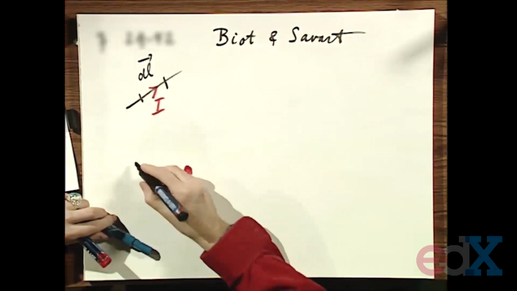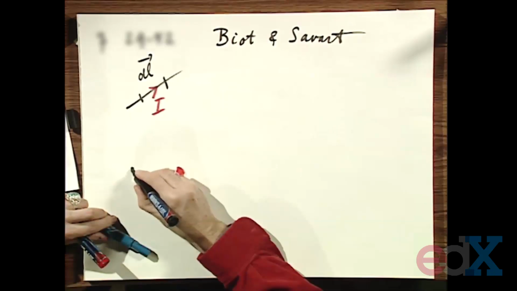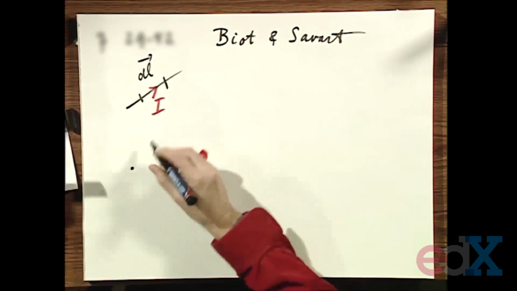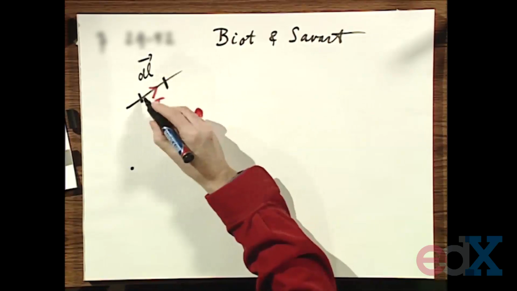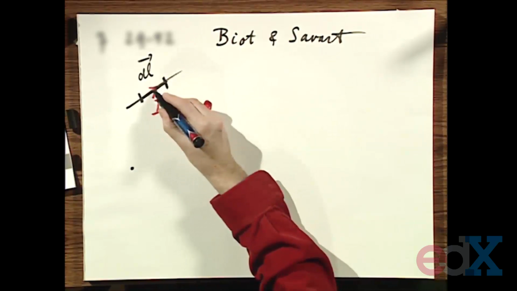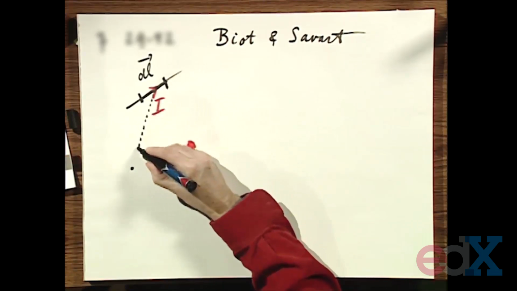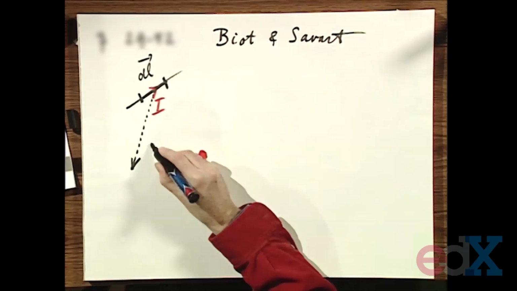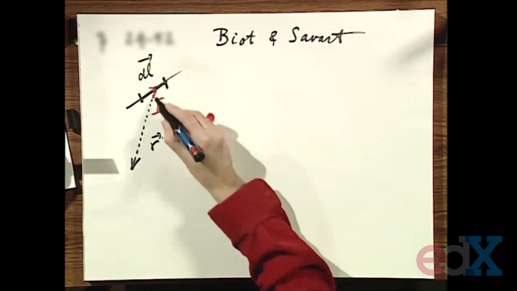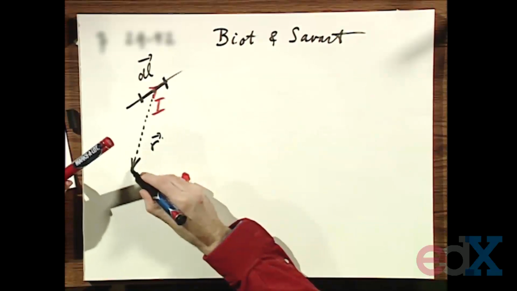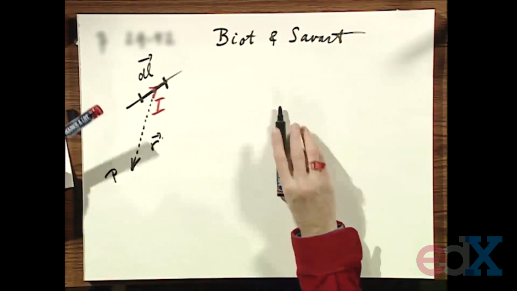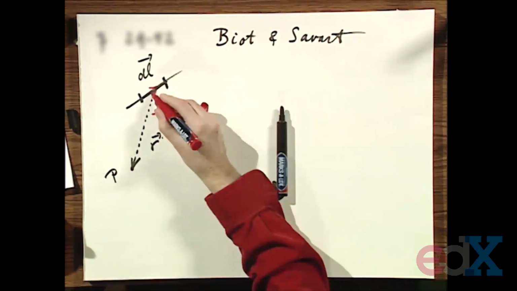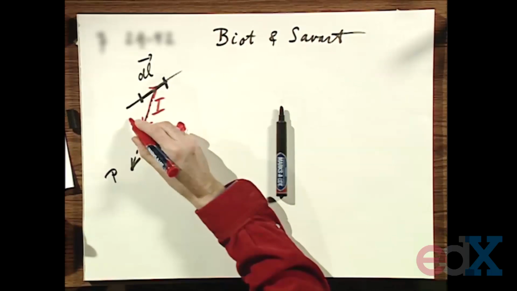If I want to know at a particular position here what the magnetic field is due to this small element alone, then they argued, they call this the vector r, from the current element to that point P where you want to know the magnetic field. This is the unit vector r.